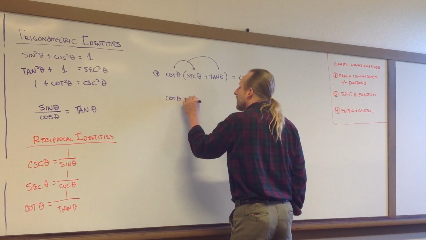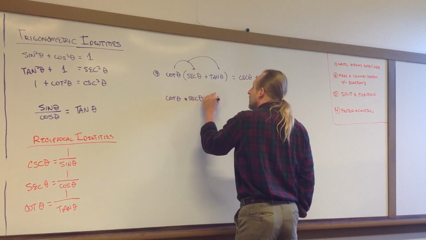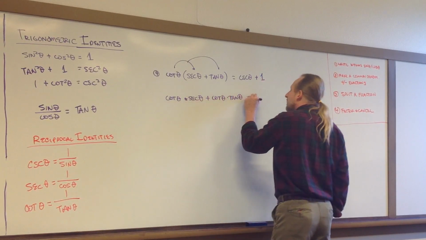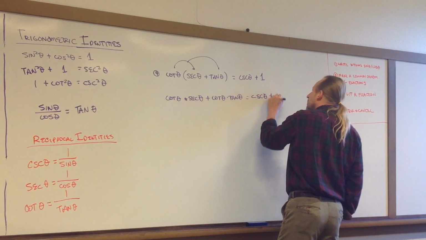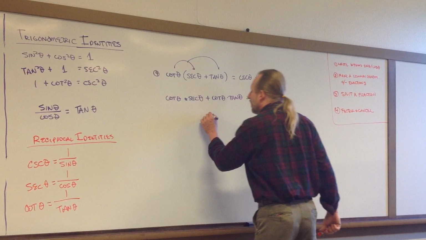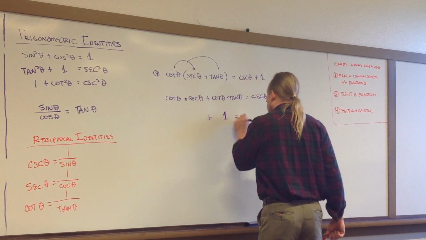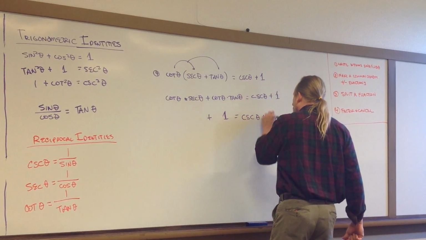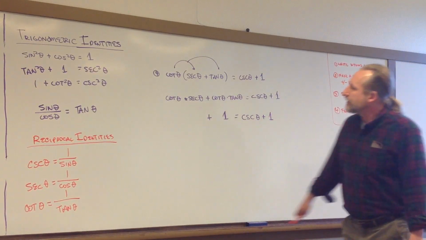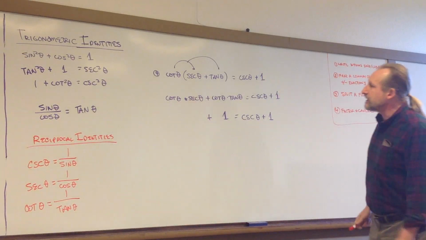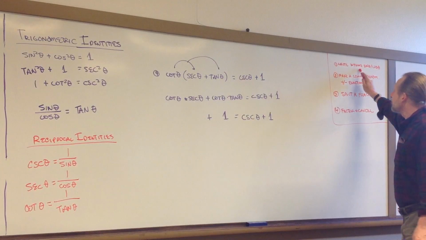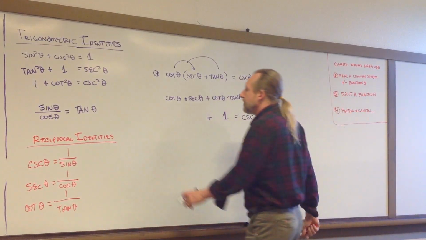Cotangent times the secant plus cotangent times the tangent, and that's supposed to be equal to cosecant plus 1. Well, we just saw in problem 2, this is going to be 1. Okay? I would, at this point, cotangent times secant, I would rewrite those in terms of sines and cosines.